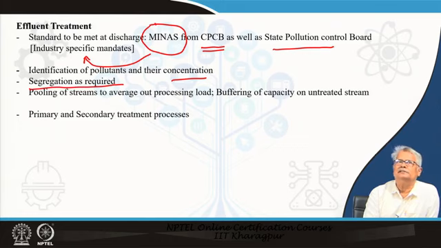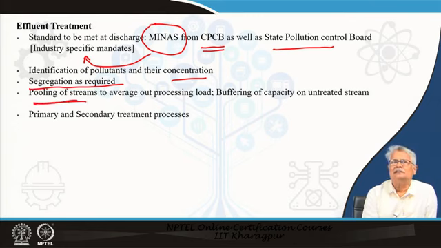An example of this is, in a refinery, you have streams which are contaminated with oil, and there are streams where there is no oil or hydrocarbon in it. So, they can be treated separately, and only the streams which are contaminated with hydrocarbon may be pooled together and treated for hydrocarbon removal.